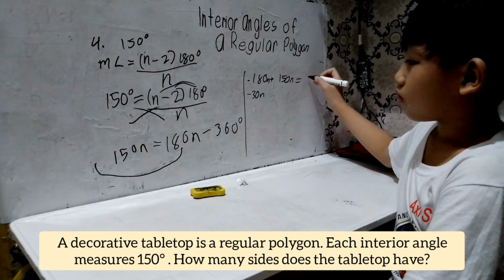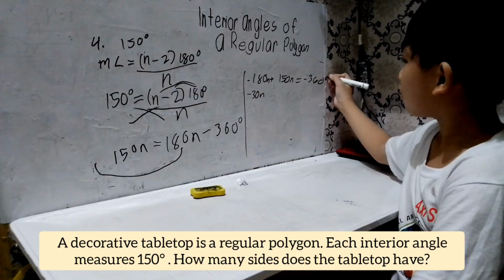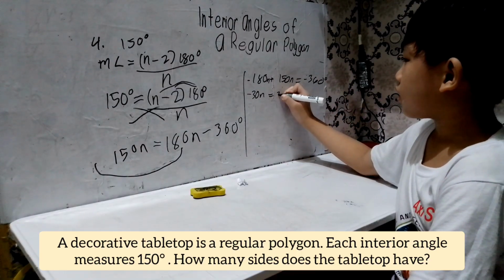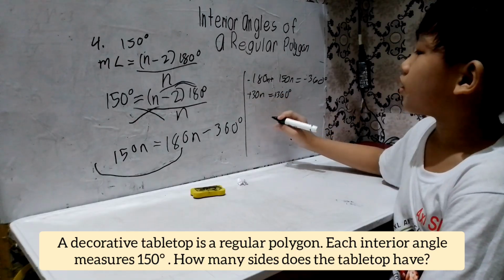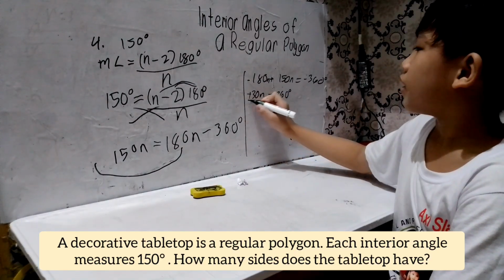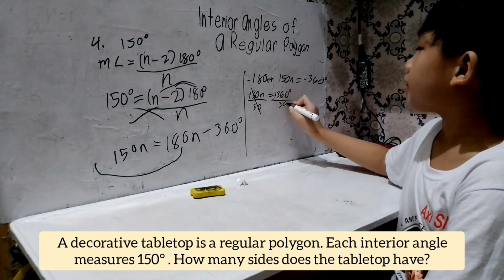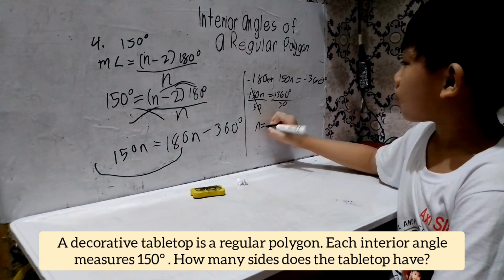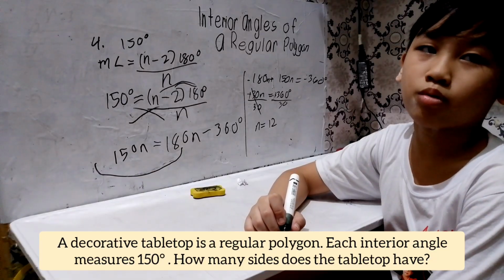Then plus, what remains here is 360 degrees. So negative 30n equals negative 360 degrees. Let's make it positive, and then divide by 30. So n equals 12. 12 angles or 12 sides.